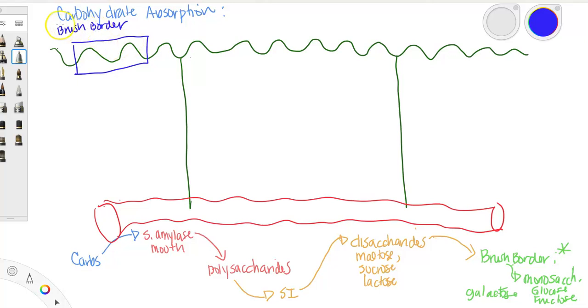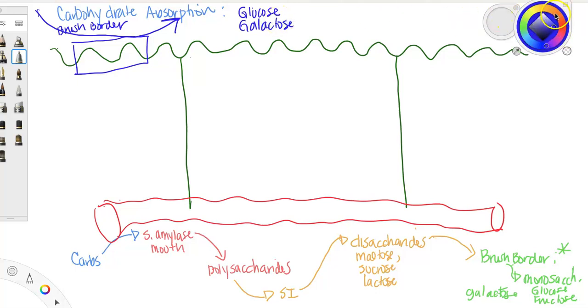And up here, we're going to bring in the disaccharides that we've gotten broken down from the pancreatic juice. So we've got disaccharides, and when it happens, we get disaccharides on the brush border, and we end up with glucose, galactose, and fructose.